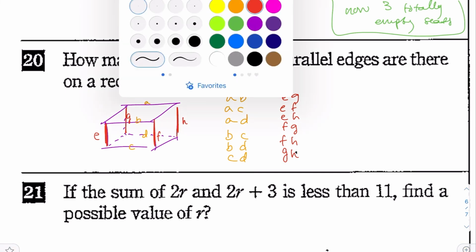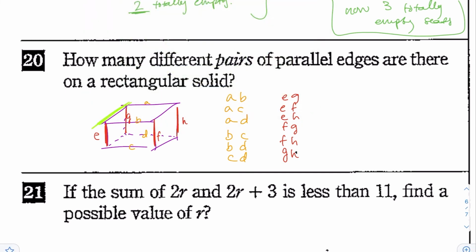And last but not least, you want the ones that are going into the board or into the paper. You can call those W, X, Y, Z. So you have WX, WY, WZ, XY, XZ, and YZ. So all in all, you have a total of 6, 6, and 6, or 18 pairs of parallel sides.